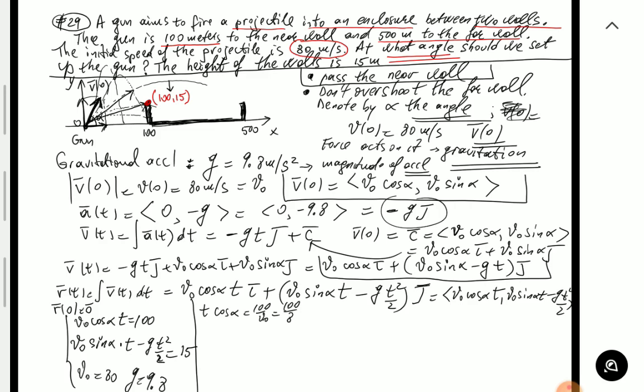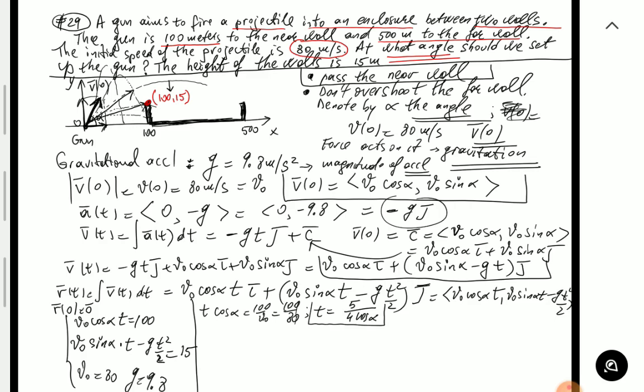We can get t by itself from here. We can simplify by 20, so it's 5 over 4. So t equals 5 over 4 cosine of alpha. That's the t from the first equation.